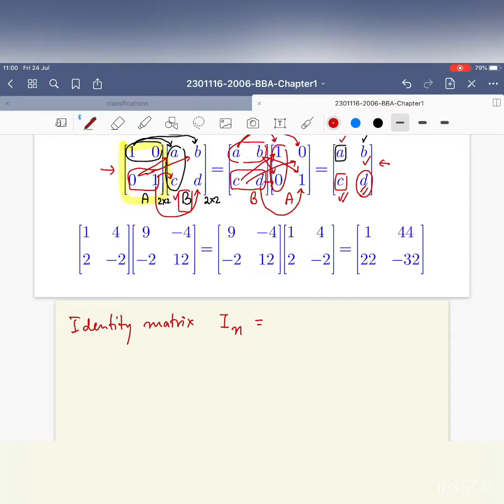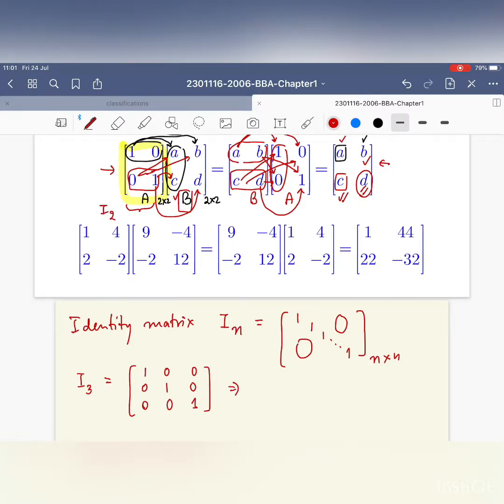This is a square n by n matrix, and the elements along the main diagonal are all 1, and the rest outside the diagonal are 0, okay? So for example, if you're talking about I3, it means you get 1 0 0, 0 1 0, and 0 0 1, okay? And this one, of course, is your I2, okay?